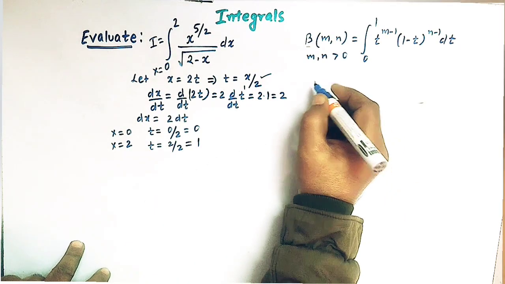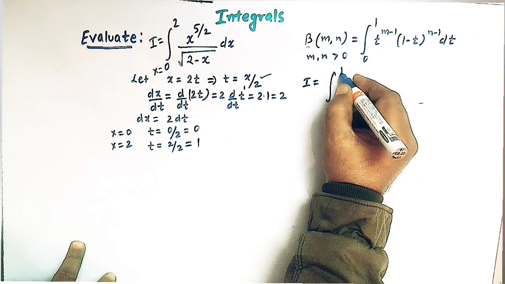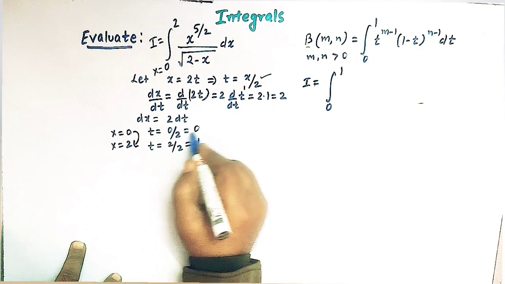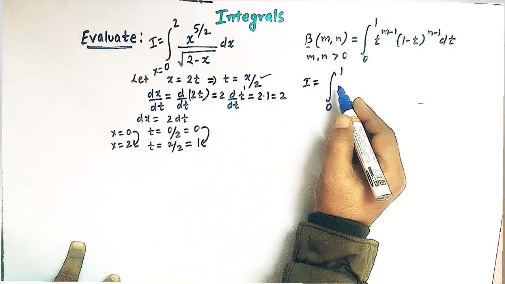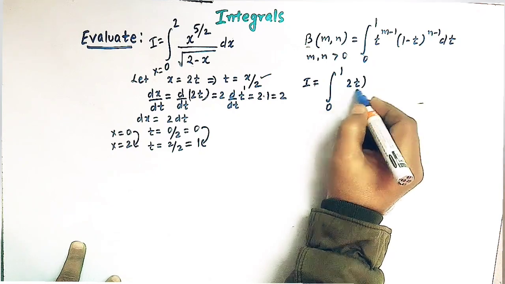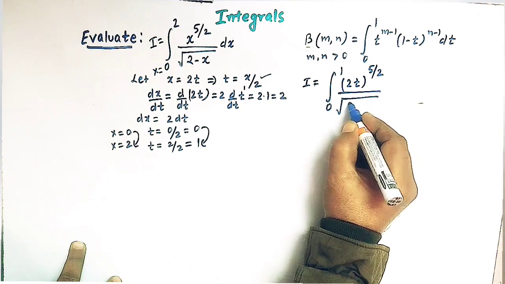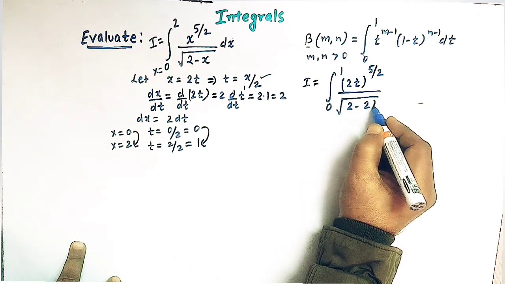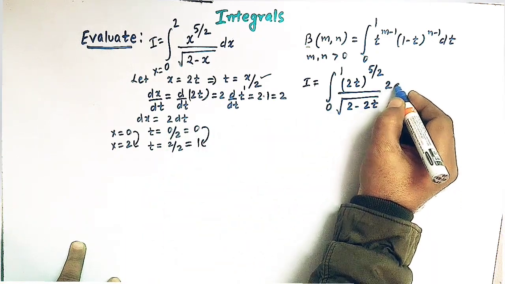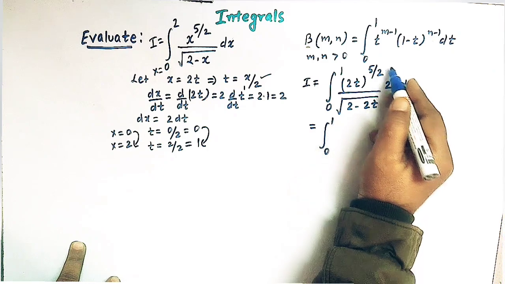So now we can write the integral I as 0 to 1, and here when x changes from 0 to 2, t goes from 0 to 1, and for x we can write 2t. So we have 2t raised to 5 over 2 divided by square root of 2 minus 2t. And here for dx we can write 2 dt. So let us now simplify this expression.